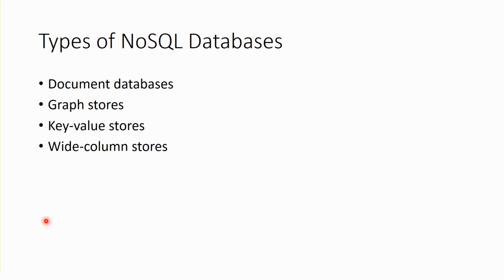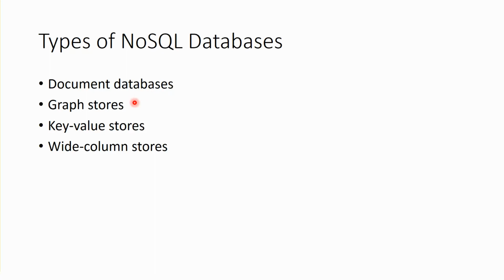In a document database, each key has a complex data structure, in the sense that each key can contain just a key and a value, or it can be a key that contains an array of values, or a key can contain another document itself. Those kinds of databases which have this complex data structure are document databases.